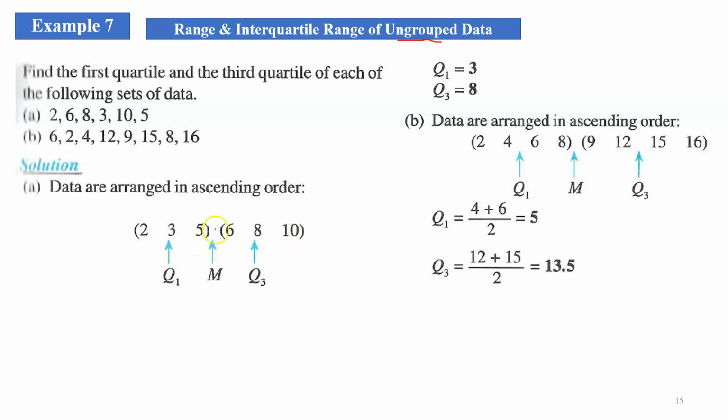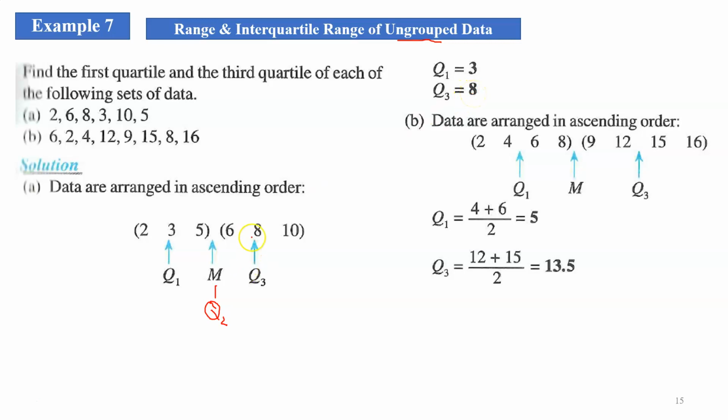So you need to find yang tengah-tengah ni will be your median. Okay, the first one, this one, this is your Q1. And then this is actually your Q2 kan? Median kan sama dengan Q2. So this is your Q3. So Q1 is 3, Q3 is 8.